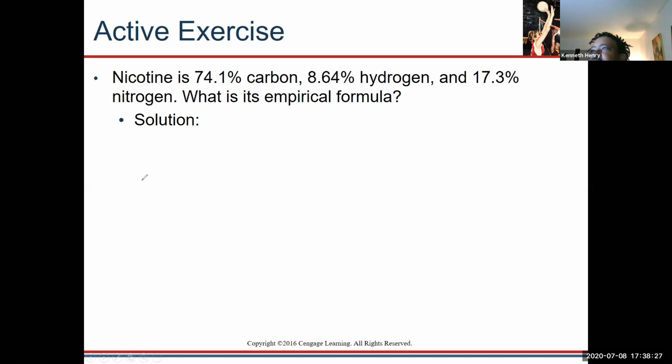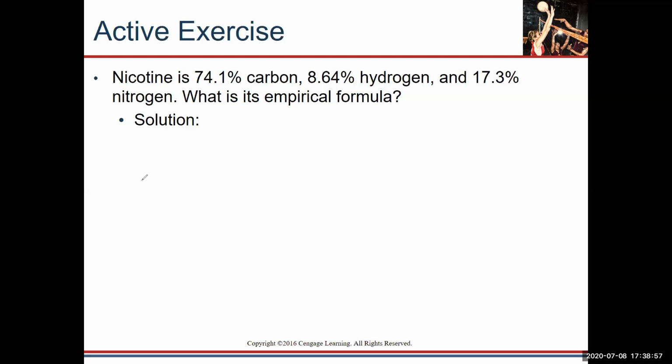Okay, the question says nicotine is 74.1% carbon, 8.64% hydrogen, and 17.3% nitrogen. What is its empirical formula? So you have to divide the percentages by its atomic mass, don't you?